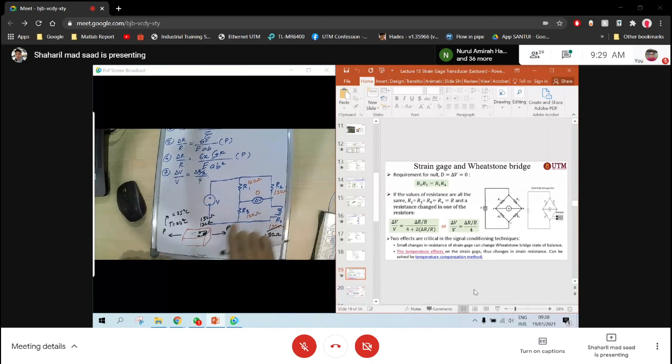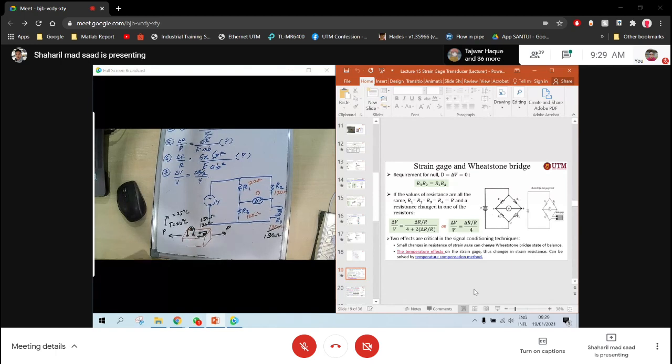So you're going to start the measurement, but the temperature has changed. So how can you start the measurement? Because you cannot set the delta V equal to 0. So it's very difficult. So what we do right now is apply another strain gauge, but in the opposite direction. Why do I apply it in this direction?